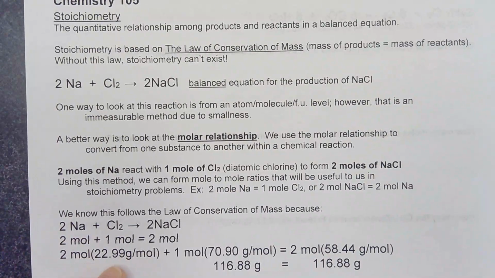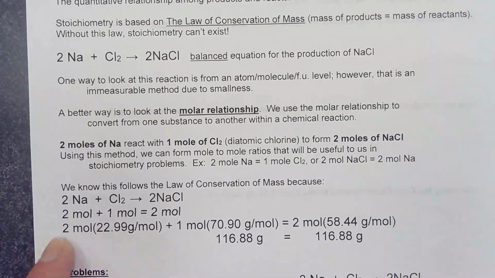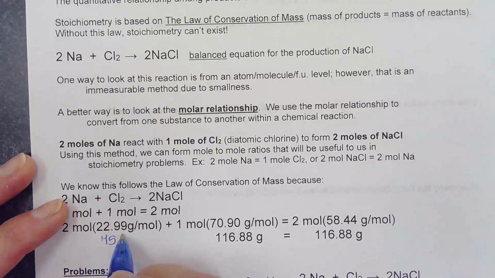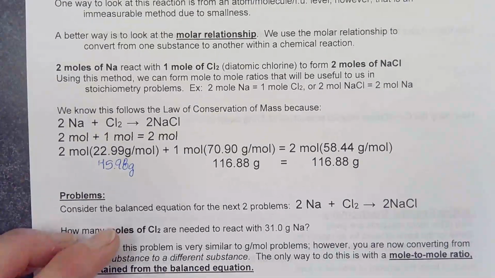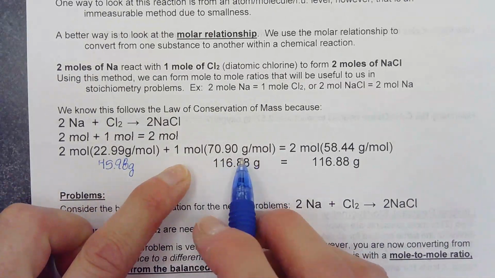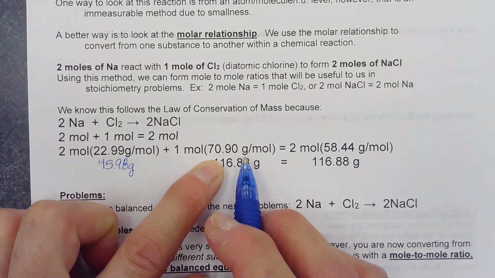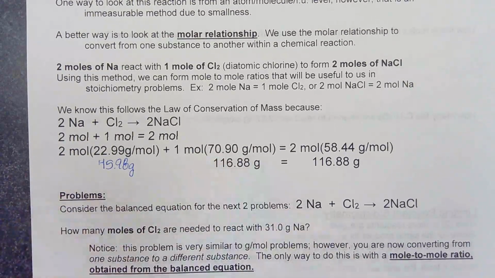2 moles at 22.99 grams per mole. So what is 22.99 times 2? 45.98? Talk to me. Some of you have a calculator out. So that's 45.98 grams. 1 mole of diatomic chlorine is 70.90 grams. Why is that true? It's chlorine. Why is it 70.90?